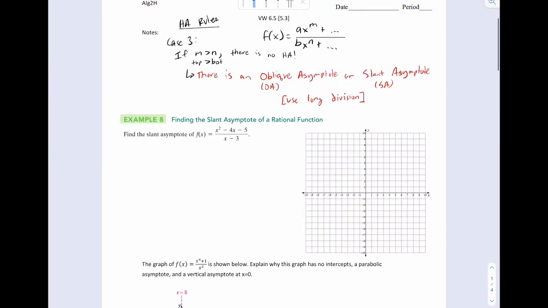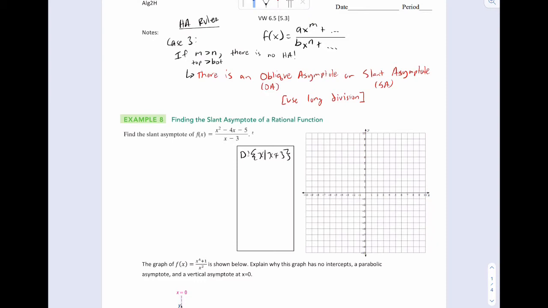So here, we're going to find the slant asymptote, or the oblique, and we're also going to graph it. At this point, we should be pretty comfortable with the steps for graphing. I can tell you the domain, that should be everything except for positive 3.